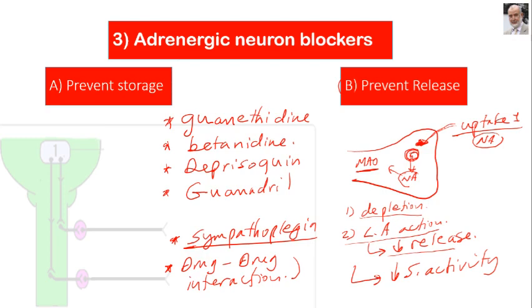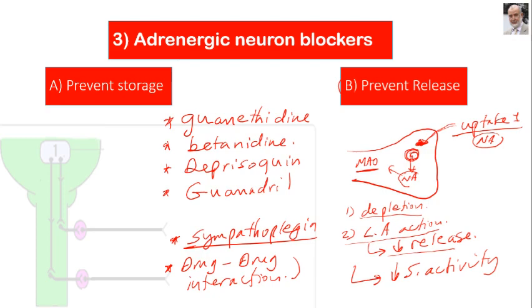They produce an action similar to what we have described for the alpha-2 agonists. Plus, these drugs have drug interactions with many classes of drugs, as we will say later, and that's why they have very limited clinical use.